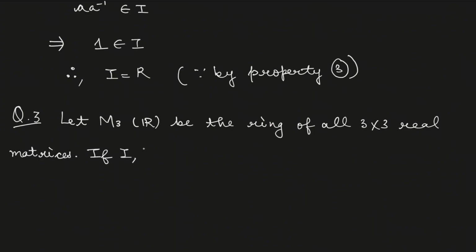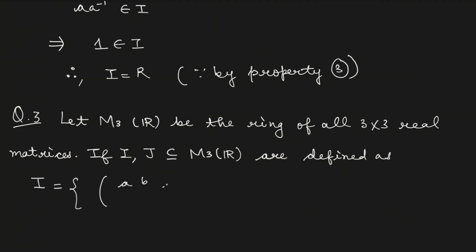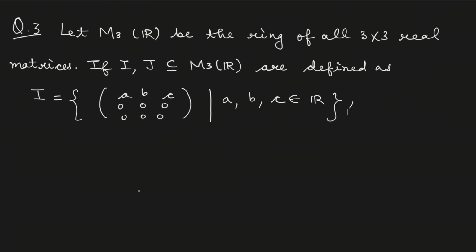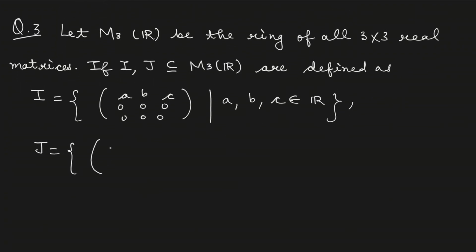If I, J are subsets of M3R defined as I is equal to the matrices with entries a, b, c and the rest of the entries 0, such that a, b, c belong to real numbers, and J is equal to the matrices with entries a, b, c and the rest of the entries 0, a, b, c belong to real numbers.